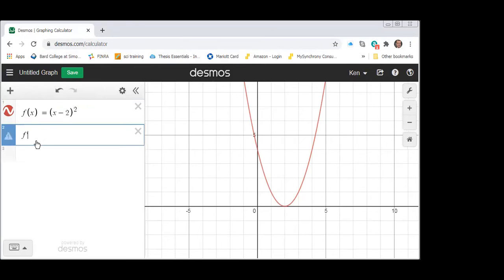If you type in f prime of 3, it'll calculate that for you. Desmos can't really calculate limits, but it's got some programming tricks that work for polynomials like this.